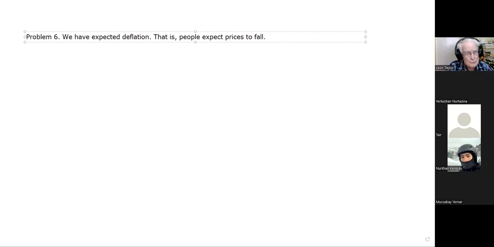Okay, so in the bond market, we have borrowers and lenders.